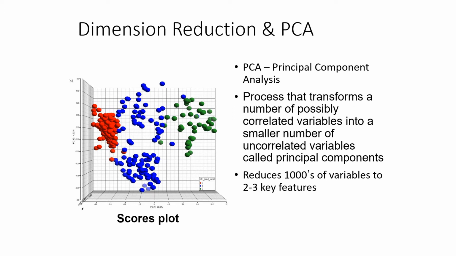We have green patients, red patients, and blue patients, and you can see that they are clustering. We've converted the thousands of metabolites that were measured for each of these patients into these pseudo variables, 3 different plots, or 3 X, Y, Z axes. And those are essentially variable metabolite features.